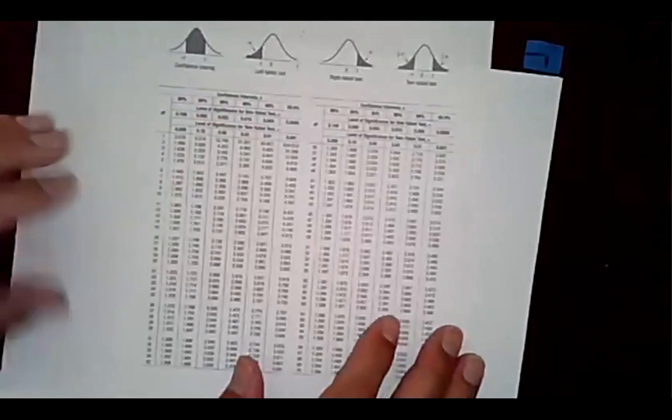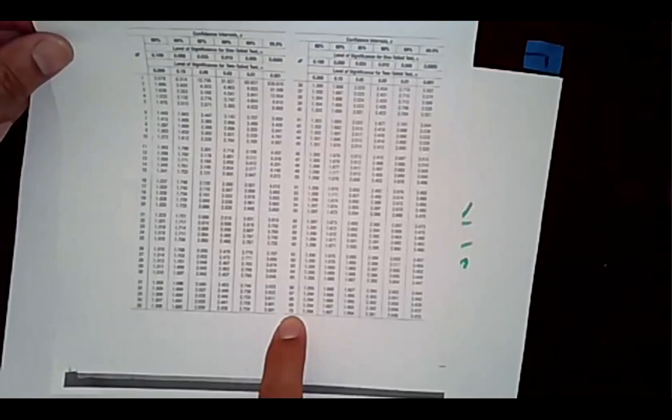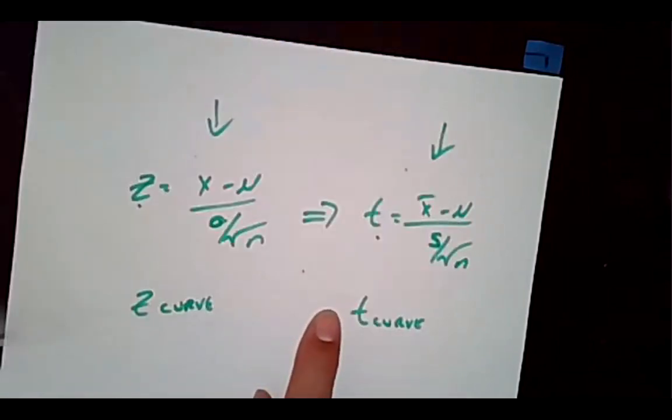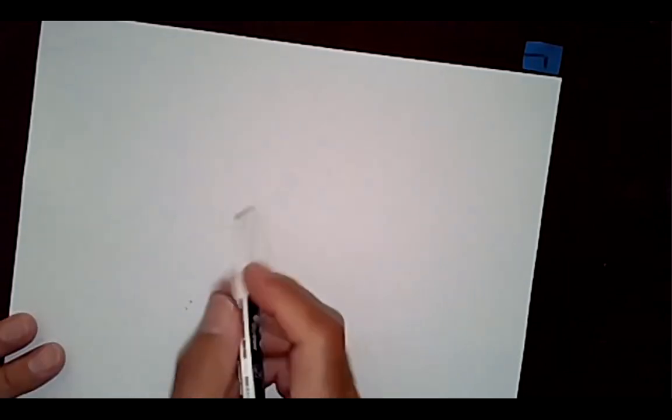So this piece of paper is only useful to a degree of freedom of 70. All right. So let me explain what this is. Okay.